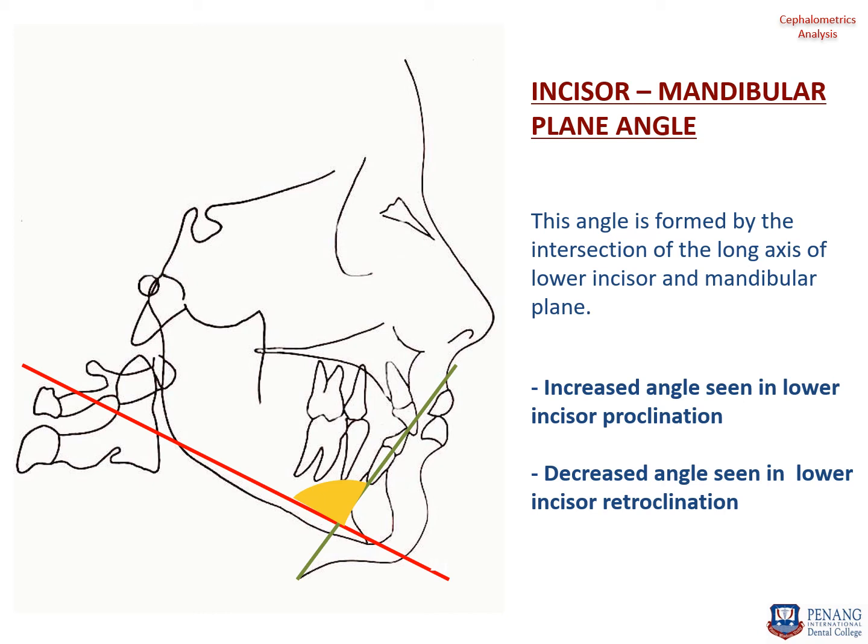Okay, so the implication of this angle is if there is an increased angle, the lower incisors are proclined. If you see a decreased angle, then you can deduce that the lower incisors are retruded or retroclined.